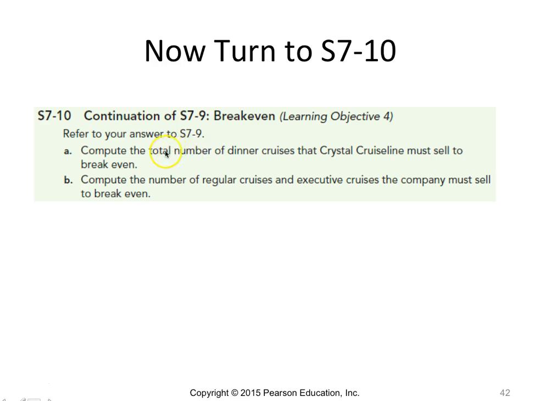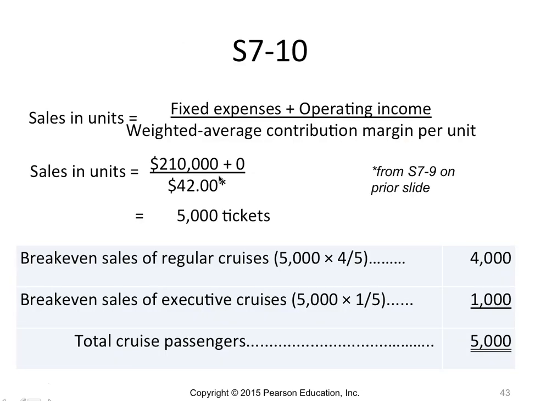And so to continue, refer to the answer, 42. Compute the total number of dinner crews that the company must sell to break even. And again, we can use the same idea to do the calculation and find this formula. We use this formula, or if you don't use the formula, just go step by step and find the break-even. Total passengers should be 5,000. And out of this, 4,000 is the regular cruise, and 1,000 is for the executive cruise.